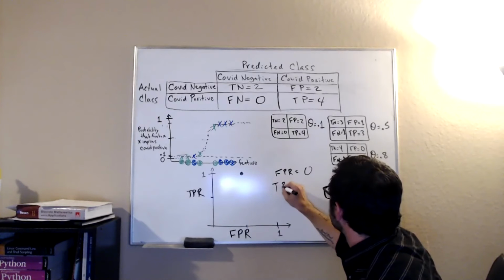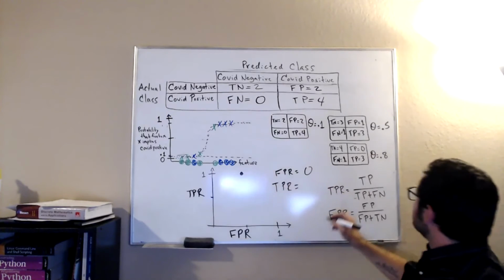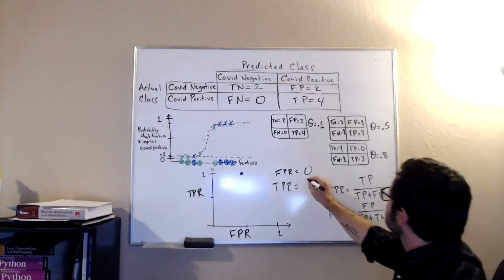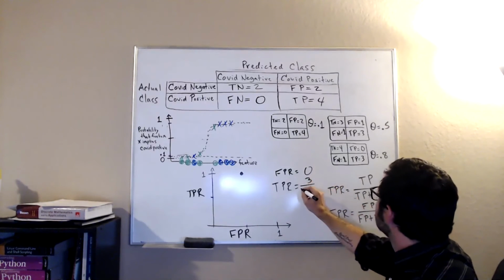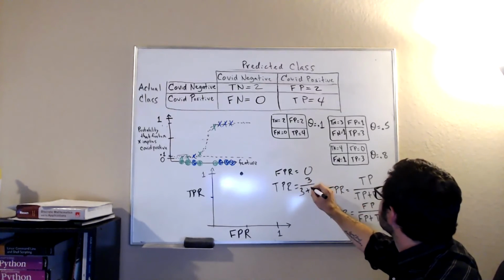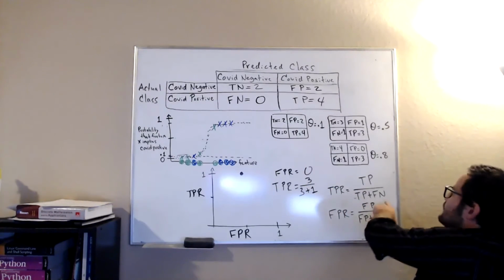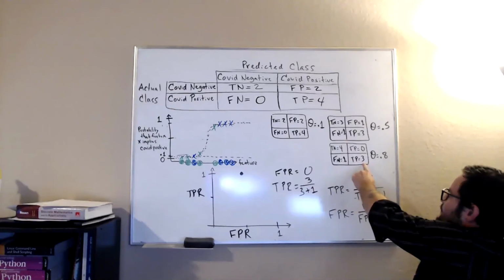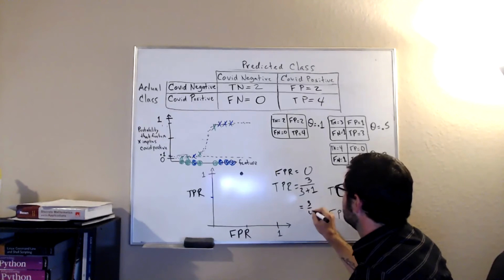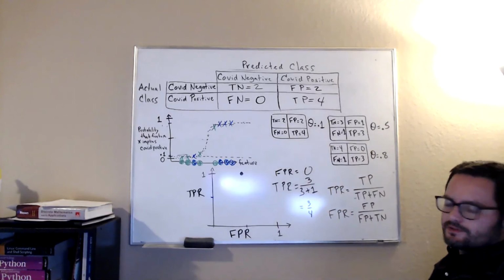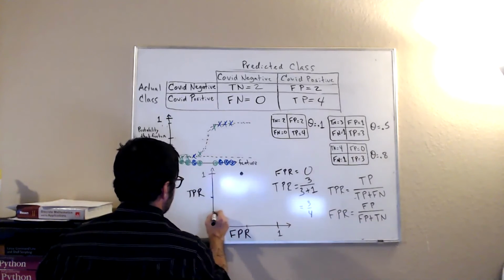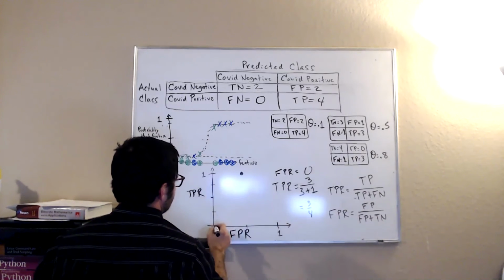The true positive rate is going to be true positives, which is 3, over 3 plus 1 false negative, so 3/4. If we plot that point, it's (0, 3/4).